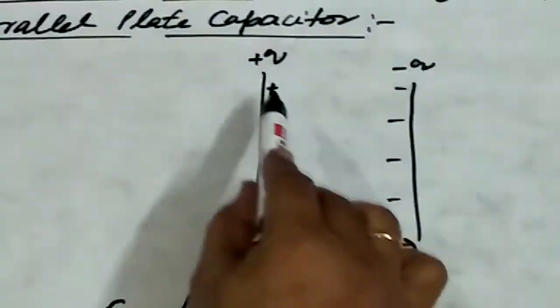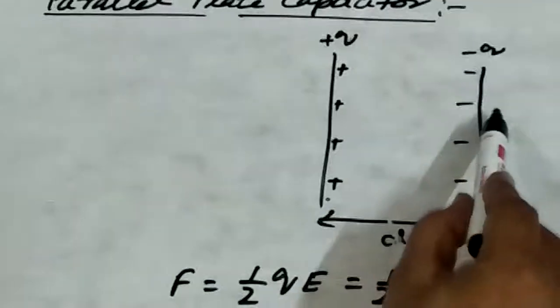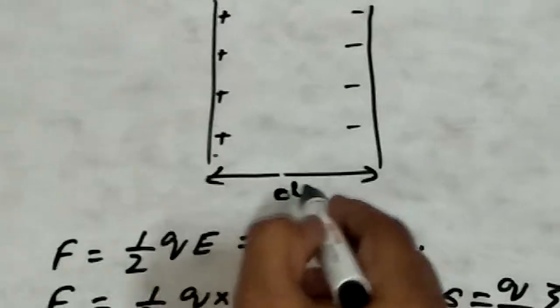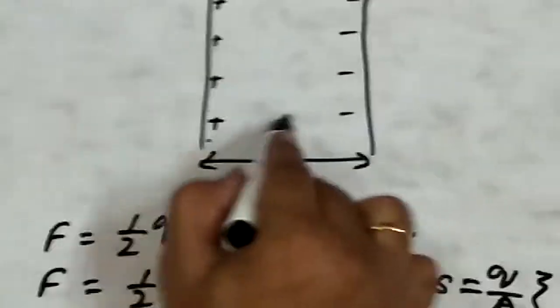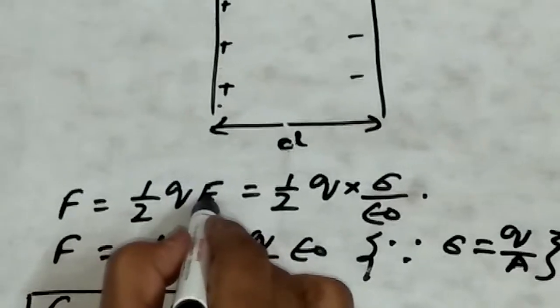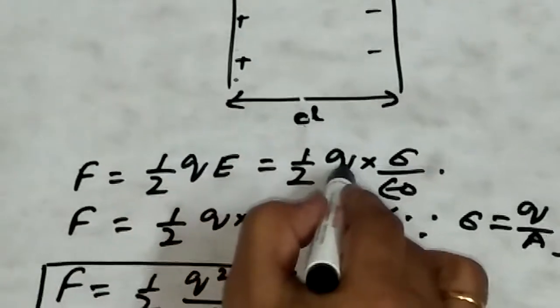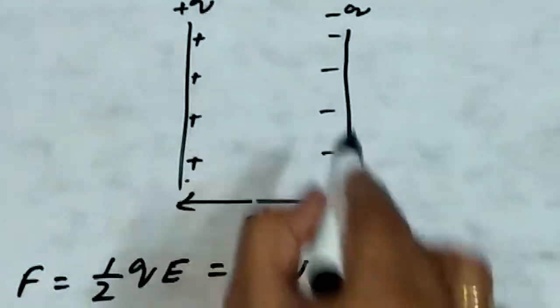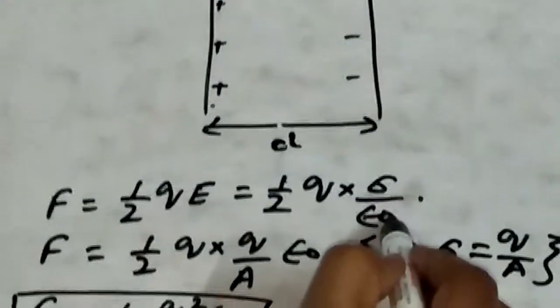Now, the force between the plates of a charged parallel plate capacitor. Suppose this is a parallel plate capacitor, and the distance between the plates is d. The force between the plates of a charged parallel plate capacitor is given by F is equal to half QE, which is half Q times the electric field between the plates, where air is present, so we can write sigma upon epsilon naught.